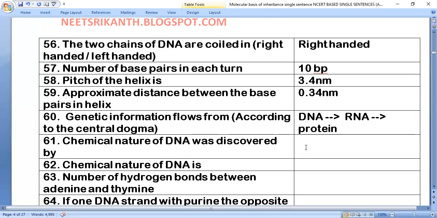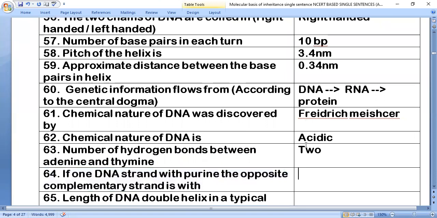Chemical nature of DNA was discovered by Frederick Miescher. Chemical nature of DNA is acidic. Number of hydrogen bonds between adenine and thymine: 2. If one DNA strand has a purine, the opposite complementary strand has a pyrimidine.